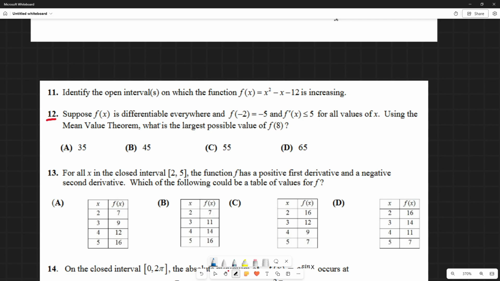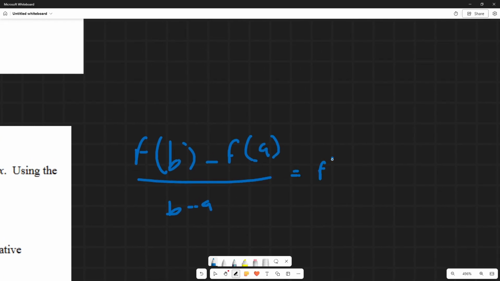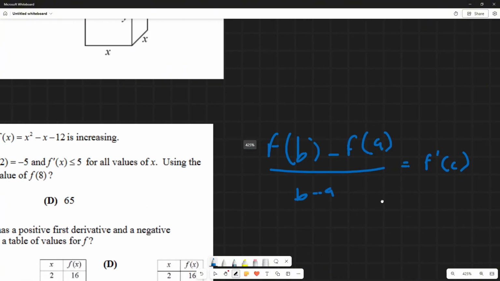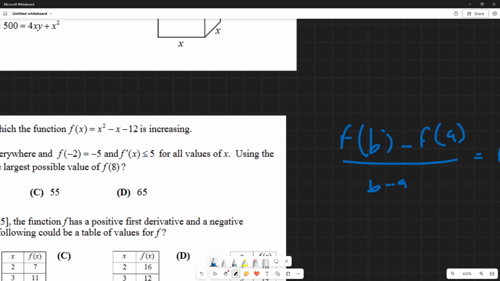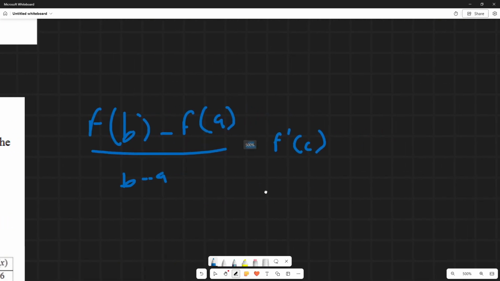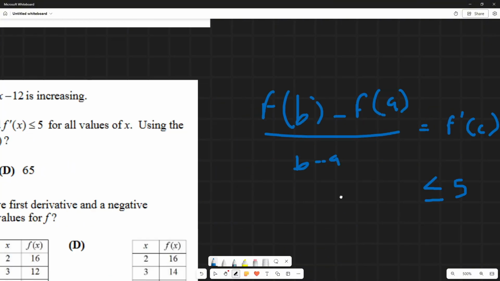Alright, so remember that mean value theorem is f of b minus f of a over b minus a, which equals f prime of c. So f prime of c is going to be less than or equal to 5.